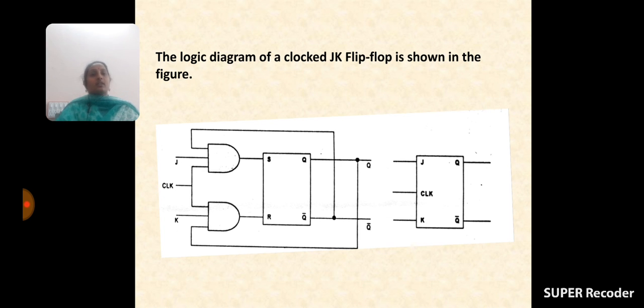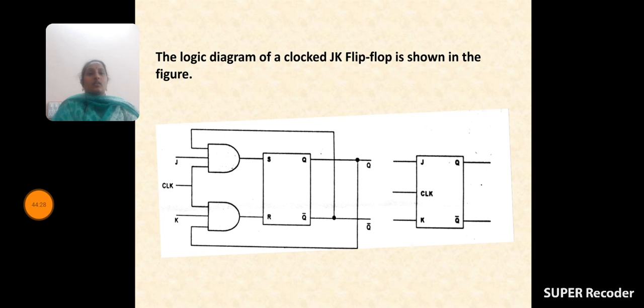One more thing: these two inputs are not synchronized with the clock pulse. Whether the clock pulse is present or not, they produce the output directly. That's why these inputs are also called asynchronous inputs, because they are not synchronized with the clock pulse.